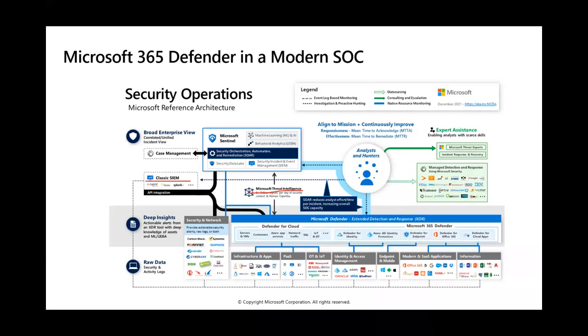XDR tools like Microsoft 365 Defender or Defender for Cloud provide efficiency by focusing on individual asset types, like the endpoint operating systems, identity systems, cloud productivity applications, storage services, and databases, for example.